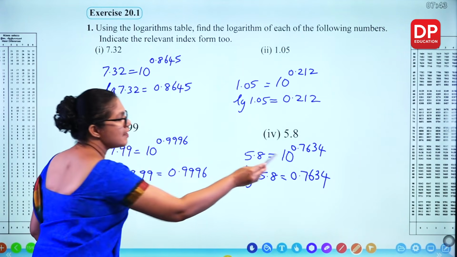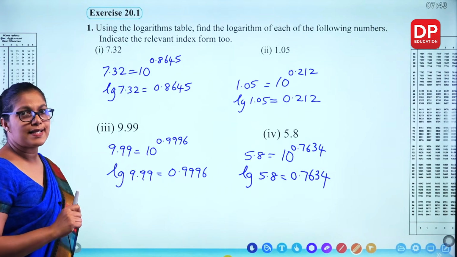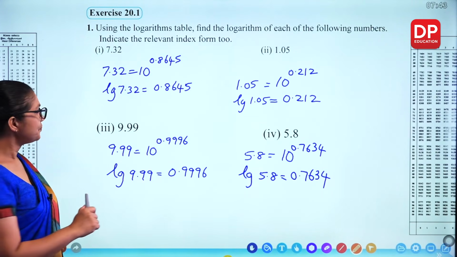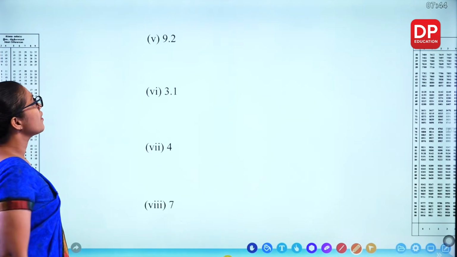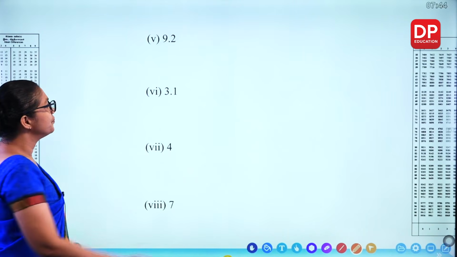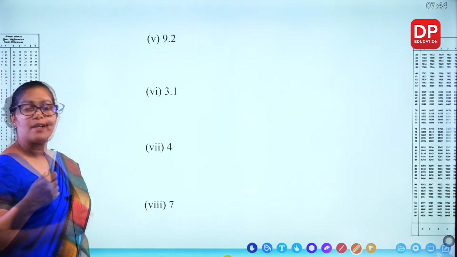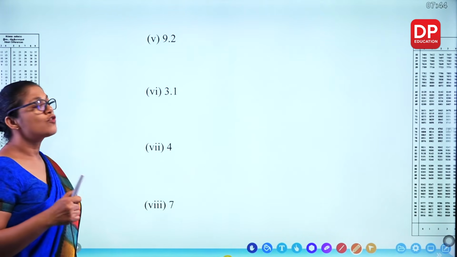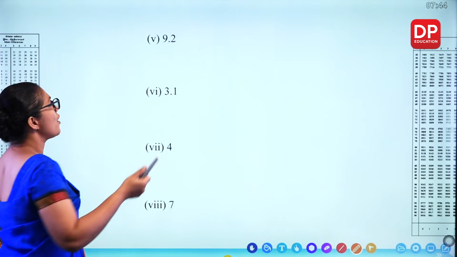So you are getting 0 point something, as 0 is the characteristic. 9.2, 3.1, 4, 7. All these numbers are less than 10. So the characteristic is 0 point something.